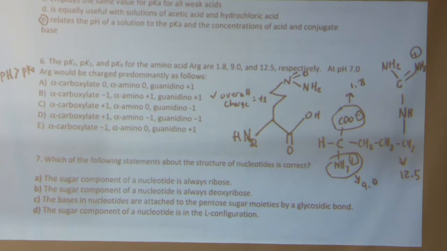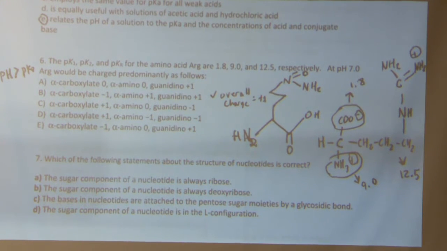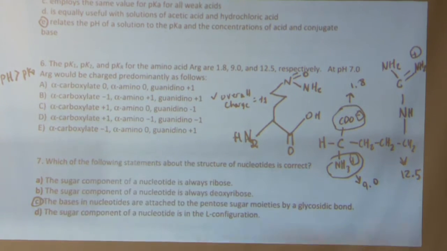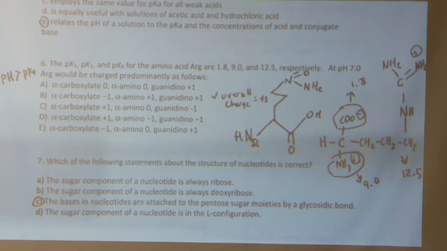So for number 7, which of the following statements about the structure of nucleotides is correct? A, the sugar component of a nucleotide is always ribose. B, the sugar component of a nucleotide is always deoxyribose. C, the bases in the nucleotides are attached to a pentose sugar moiety by a glycosidic bond. And D, the sugar component of a nucleotide is in the L configuration. Does anyone have a guess? C? So why do we think C? That's a great reason why.